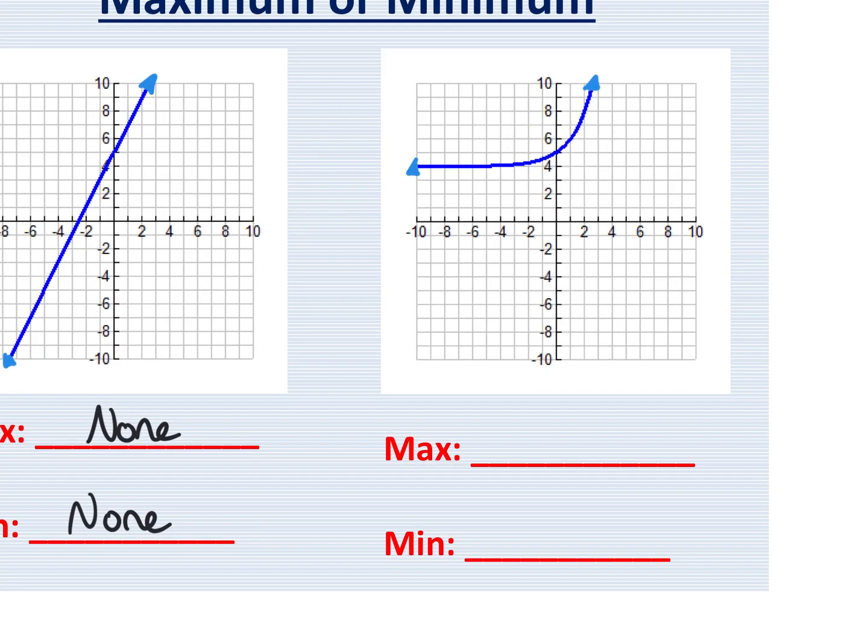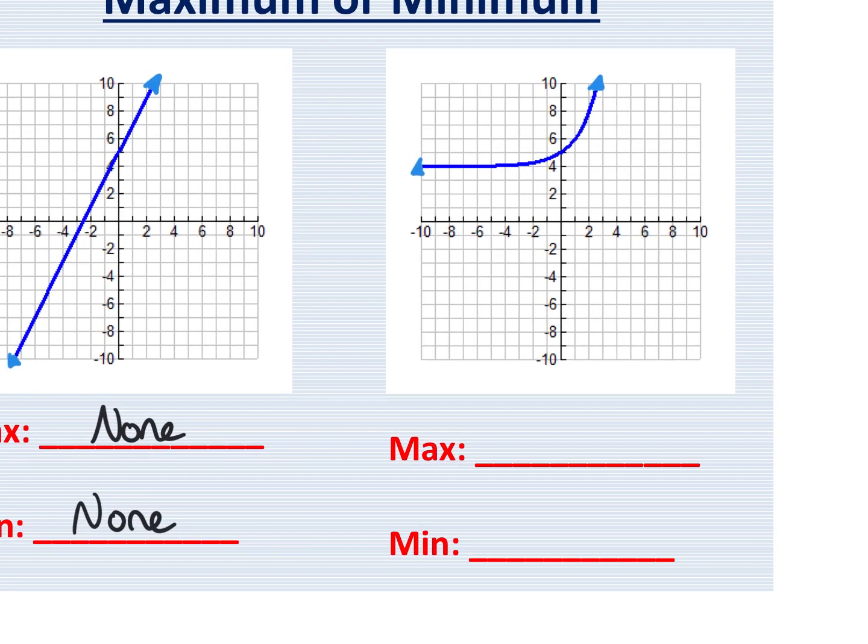Okay. I'm going to do two more of these for you because these are a little bit quicker. So I'll do this one and I'll do the next one. All right. Looking at this example, is there a maximum or a minimum value? Yeah, there is going to be. Here's why. If you look at this graph going up and down, well, as you go up, it's never going to stop.